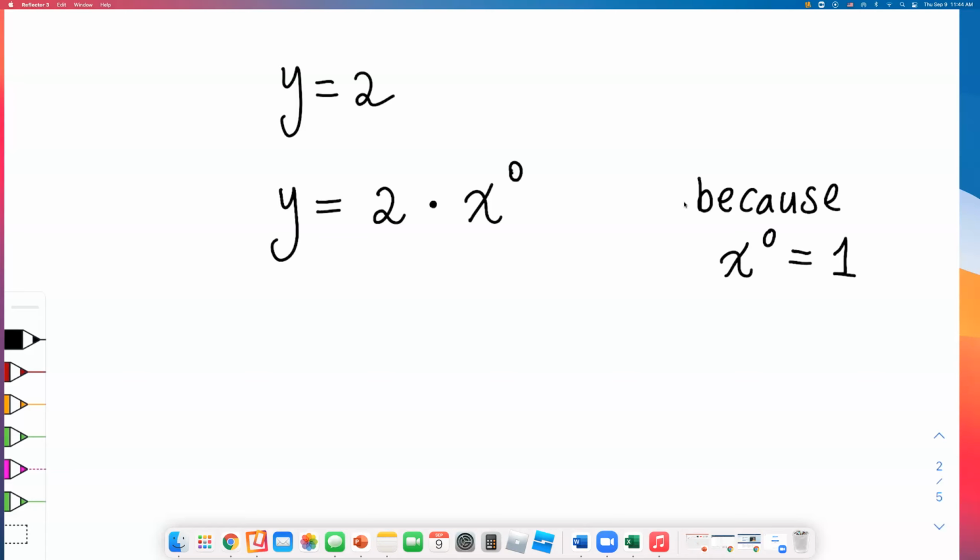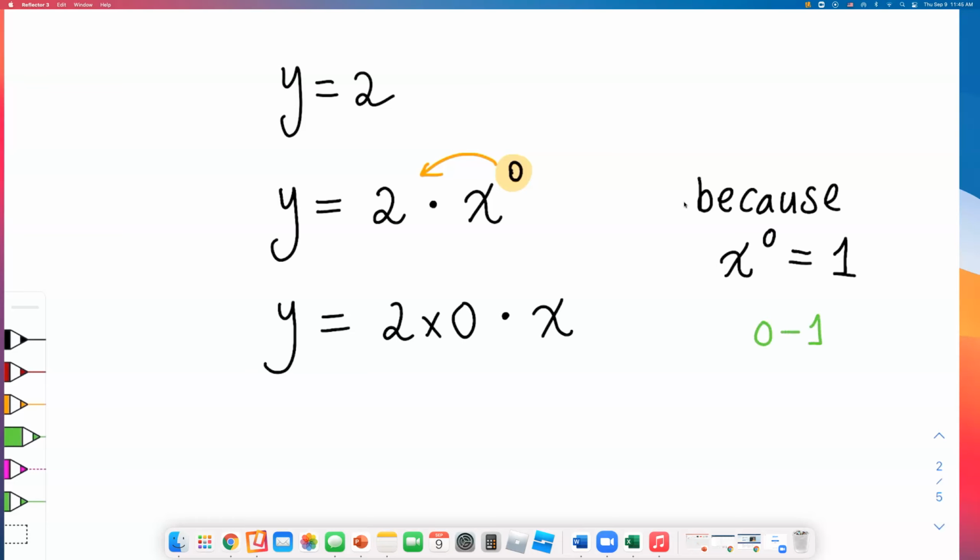So now let me apply that power rule. Bring down that exponent of 0 to the front. I will get y equals what? 2 times 0, right? 2 times 0 times x to the, I need to go down 1 from 0. 0 minus 1 is negative 1. That's why the new exponent is negative 1.